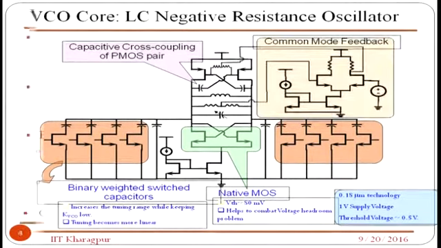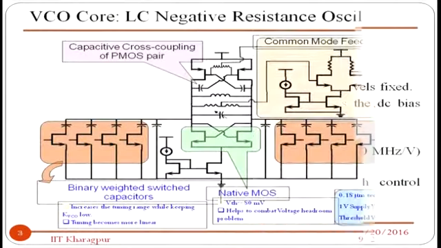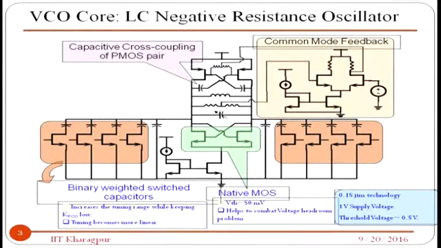Next one is important. If you look at the scenario here, this is at 1 volt, the PMOS, and this is the n type cross coupled pair with the 1 volt supply.